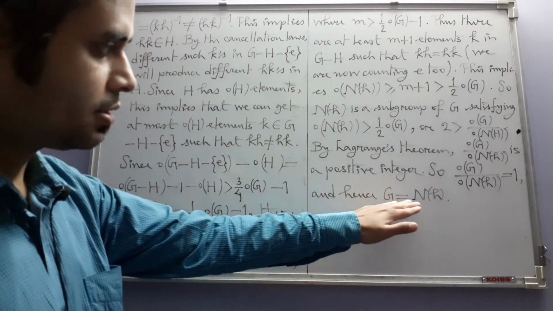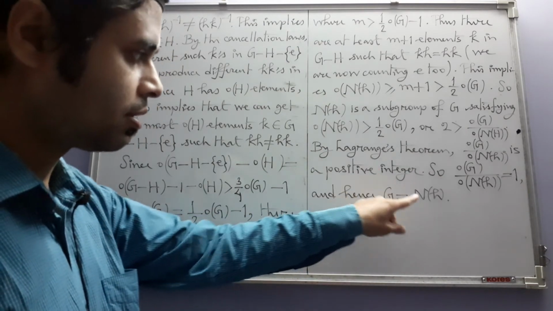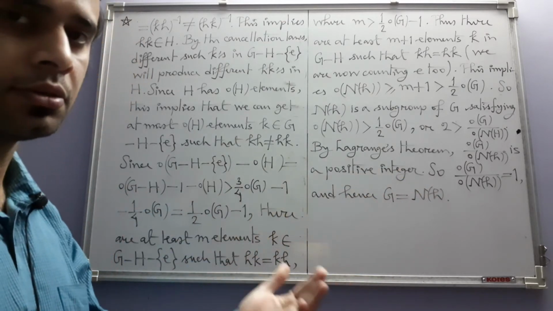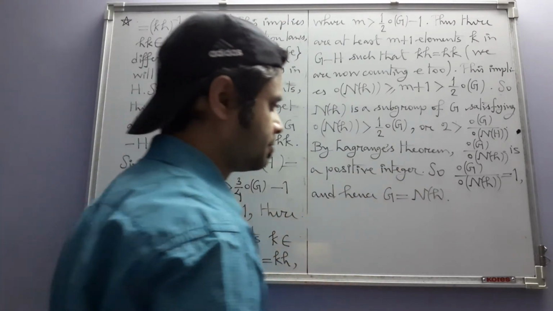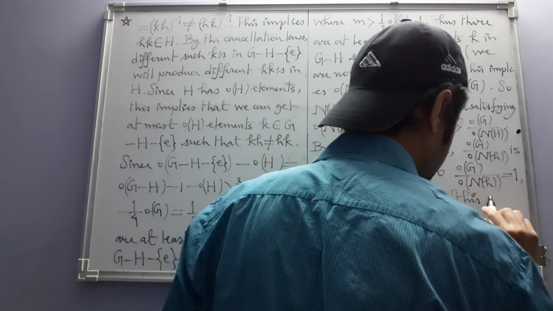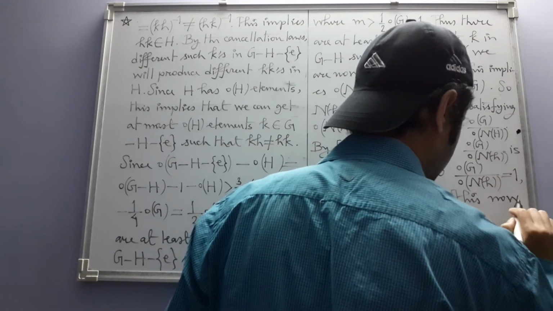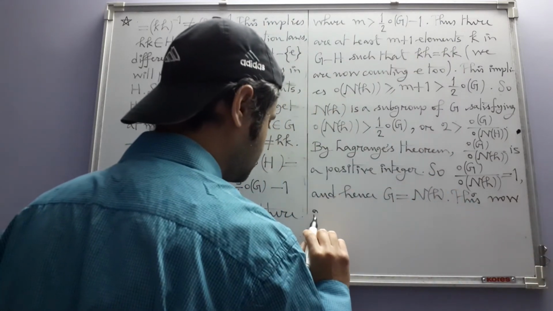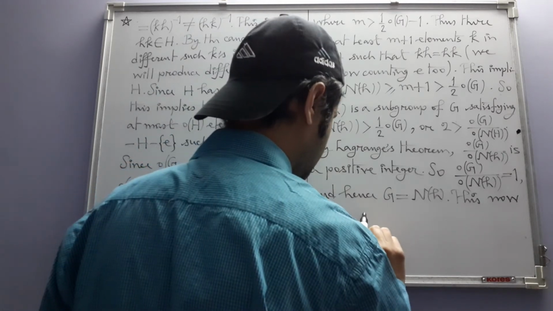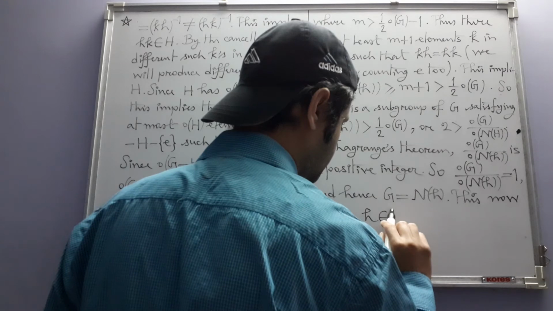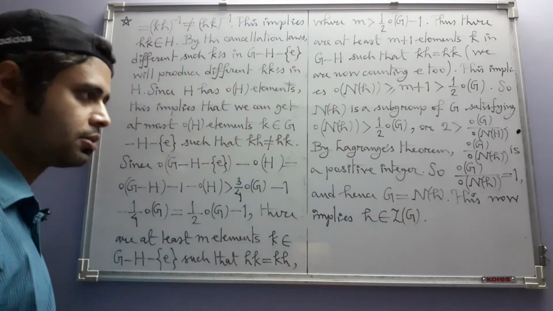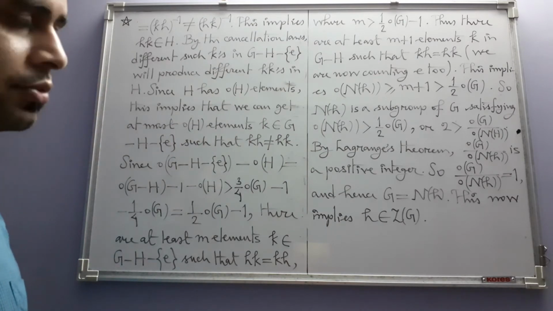Now this tells us that the normalizer of small h is the entire group. That means all the elements in the group commute with h. This now implies that h belongs to the center of G, because h commutes with all the elements of G.